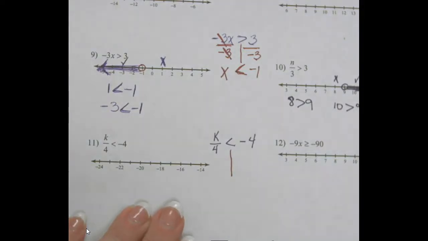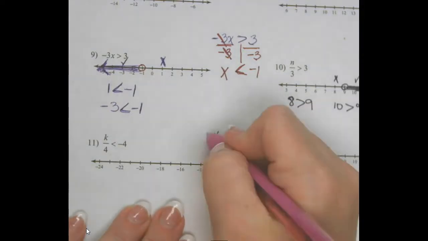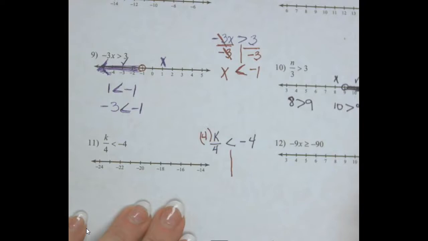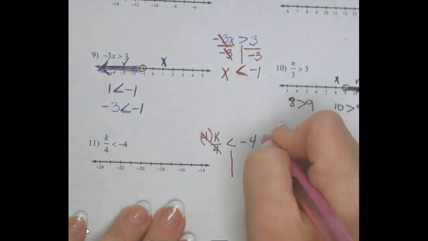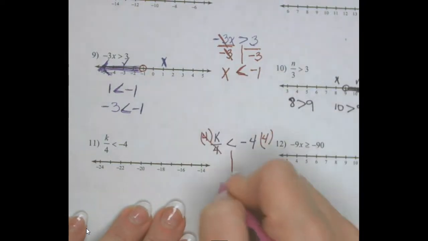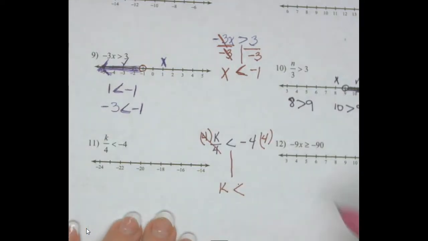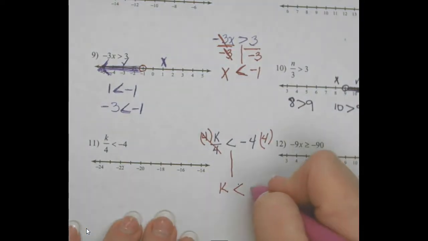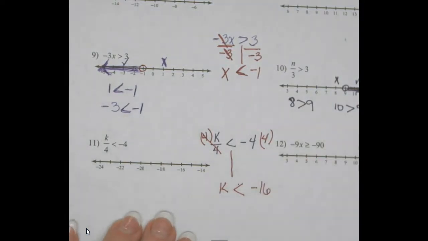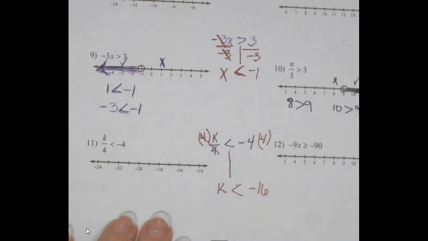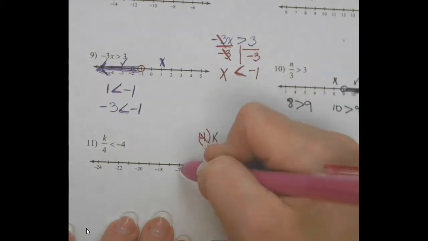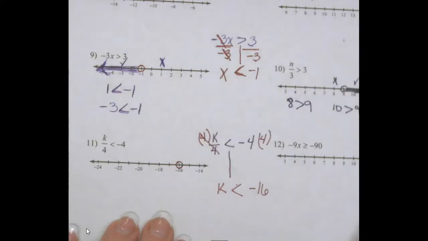What's the inverse to division? So I'm going to multiply by 4 on both sides. Negative 4 times 4 is negative 16. So it is going to be in what type of circle? Open circle on negative 16.